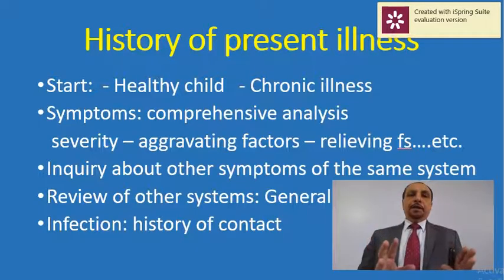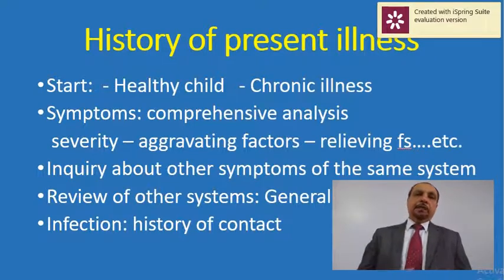After we finish the presenting symptoms and the symptoms related to the same system, we will make a review of the other systems. We will start in general, for example, the heart, the GIT, the urogenital system, and so on.